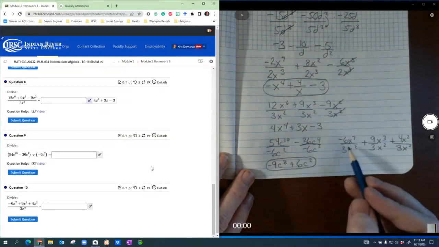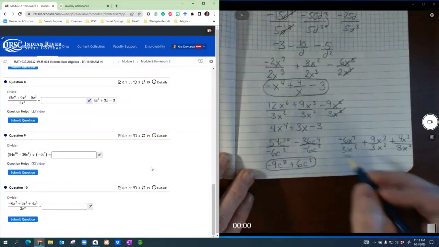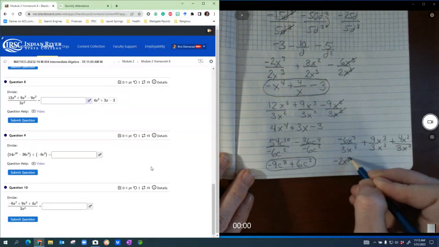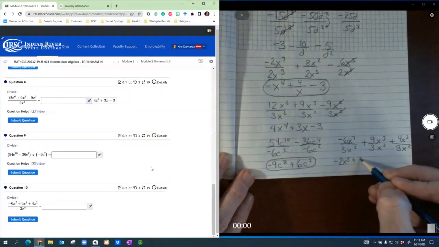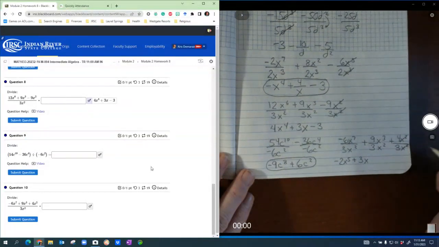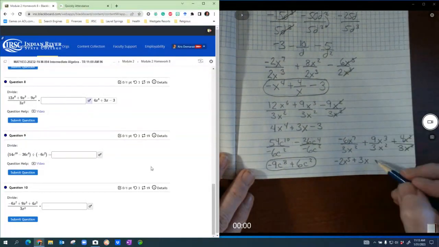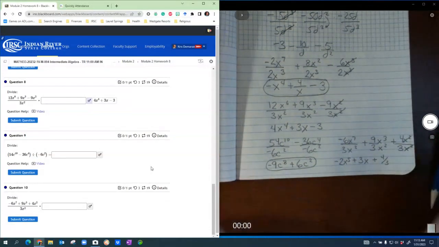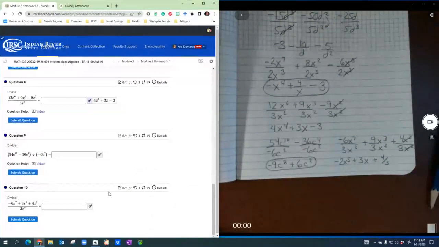Okay, so I got it written down. I'm going to go ahead and get negative 2x to the 5th. That's going to give me positive 3x. And then this will cancel this out, leaving us with 4/3. So there's an answer for that one. That one's a little different.